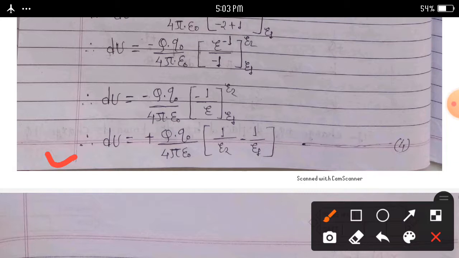Sometimes we discuss some questions here. Change in electrostatic potential energy depends upon the endpoints and is independent of the actual path taken by the charge. Verify that the change in electrostatic potential energy depends upon the endpoints and is independent of the actual path taken by the charge.